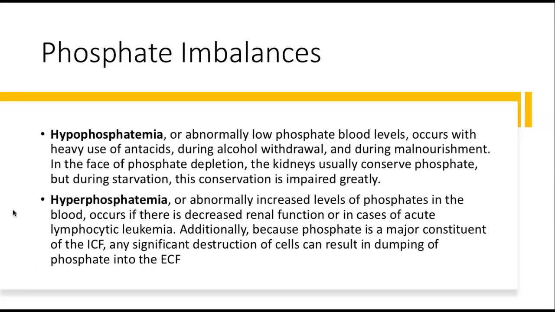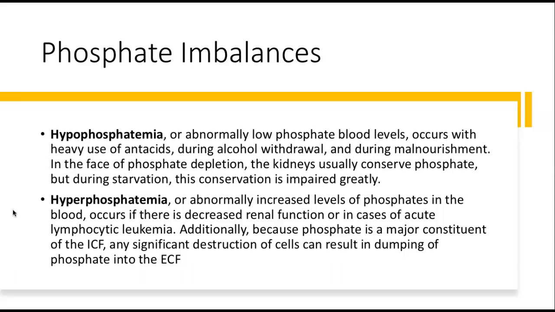If you have hypophosphatemia, that's abnormally low phosphate blood levels. That occurs if you use heavy antacids and during alcohol withdrawal, during malnourishment. If your kidneys are faced with phosphate depletion, the kidneys will usually conserve phosphate, but during starvation, this conservation is obviously greatly impaired.